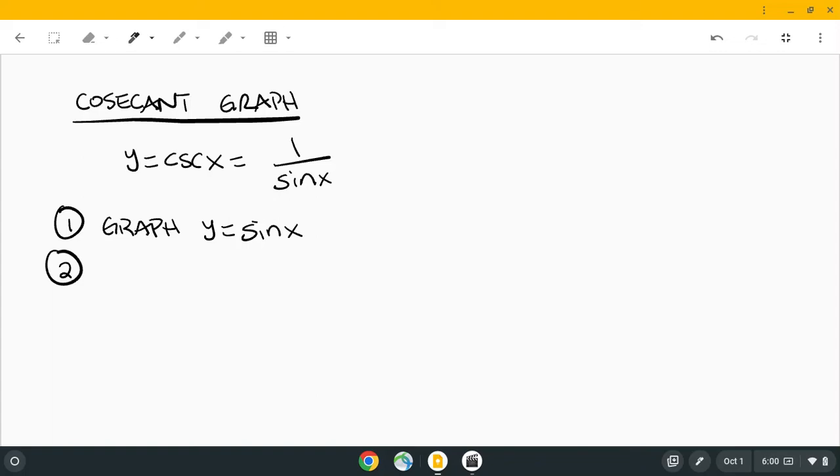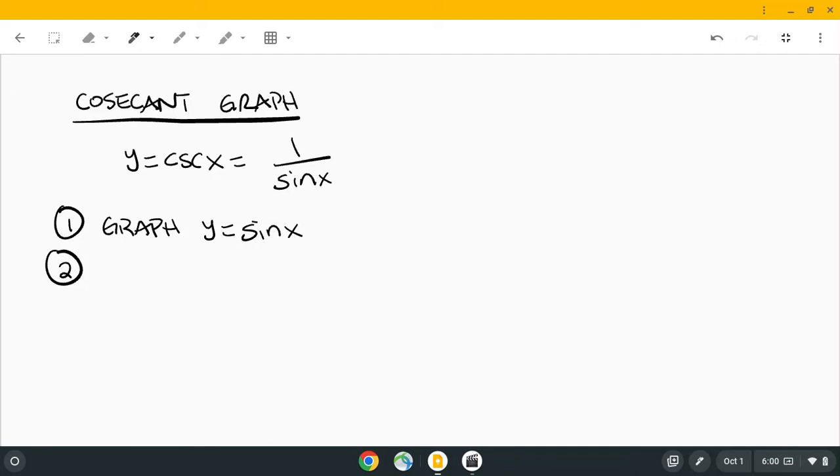And we do all of the transformations later on, when we start getting really fancy with these functions, like if you have to add or subtract or multiply to cosecant. What you do is you do all of those transformations to sine x. And then once you're done with all of that, then you can graph the cosecant.